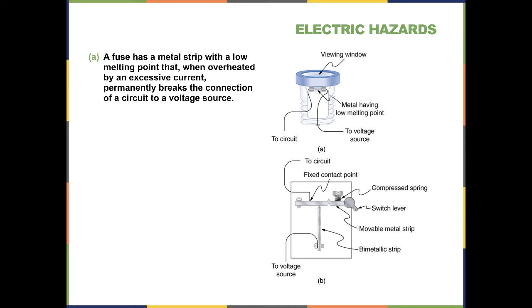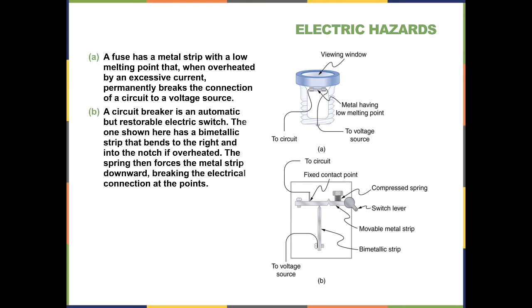If you look at the top diagram, you see the little strip labeled metal having a low melting point. That's inside the fuse, and you can view it from the outside. It's hooked into the circuit, and if the flow becomes too high, it breaks the circuit.